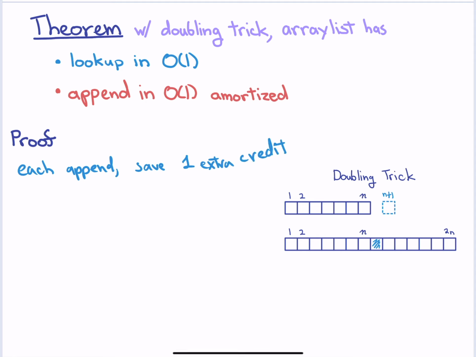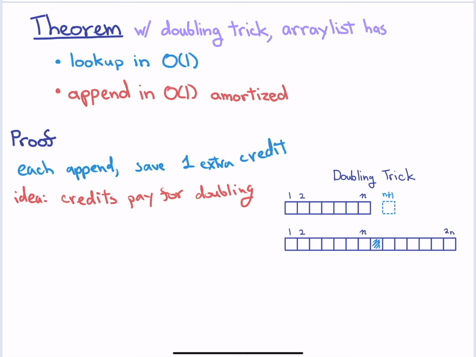And then the idea is that the credits will pay for doubling, right?